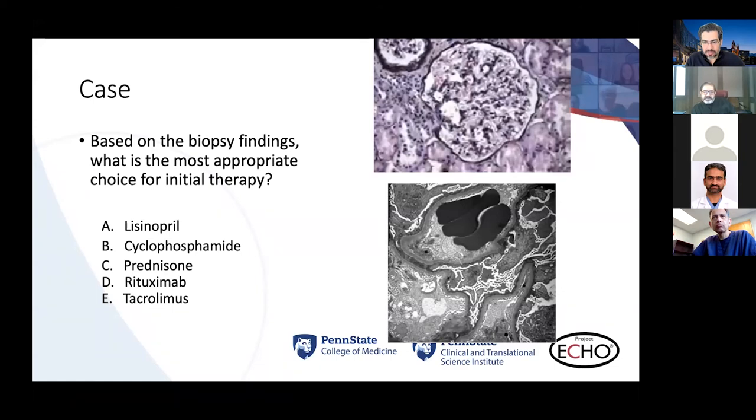Actually, anyone want to comment on the biopsy itself? Dr. Agha, if I don't have a volunteer, can I ask you to comment on the biopsy? Yeah, this actually is not a normal glomerulus. You can see that the capillary lumens are a little hard to see.